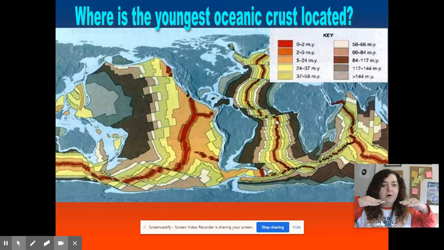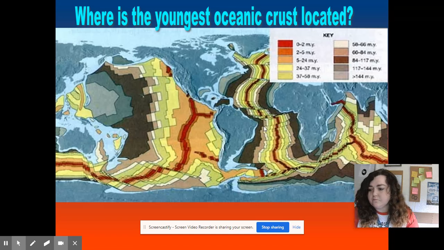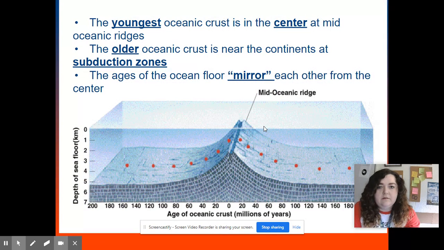So as they pull apart, the new floor is formed right there, and then that gets pulled apart. But that was the same exact ocean floor or rock that was being formed, so they're going to mirror each other on each side of the ridge. So that mirroring effect kind of tells us a lot about the ocean floor whenever we look at it.